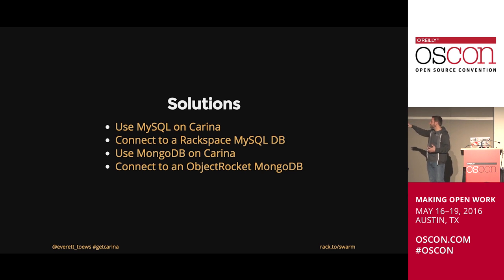Or you can connect to a Rackspace MySQL DB, or if you're into Mongo, you can connect to ObjectRocket MongoDB, and just keep your data off cluster. It also makes upgrading your clusters and migrating to new clusters of newer versions much easier, when you can simply blow all your containers away, start them up in a new cluster, and keep going, because you're just reattaching to your data stores off cluster.